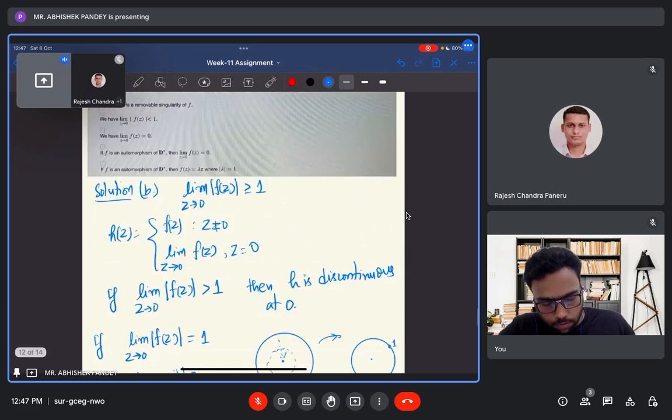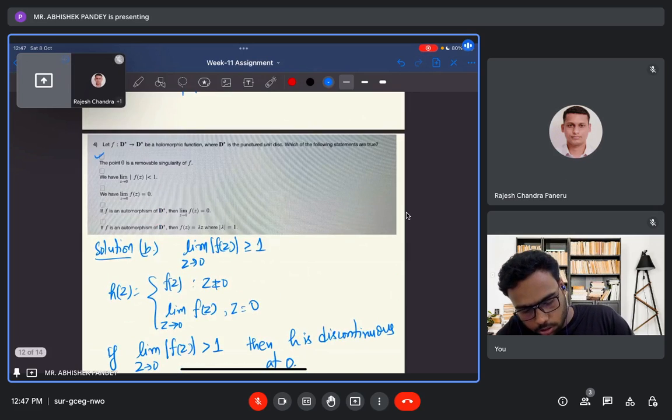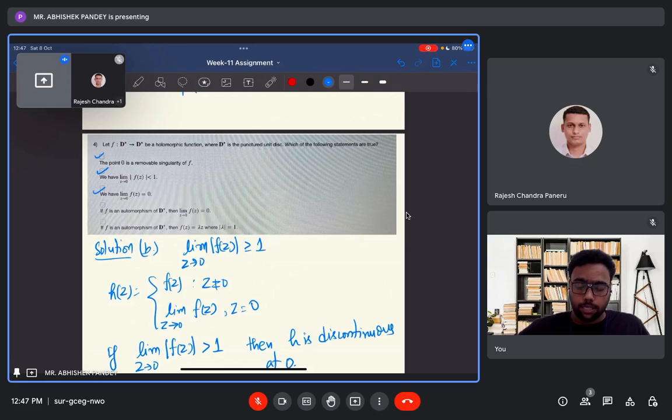Now basically, what is the third one? So this is true. This one is also true. So we have to prove that the limit as z tends to 0 of f(z) is 0 only, nothing else.